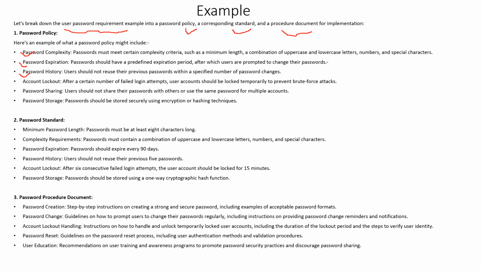For example, the password complexity statement states that passwords must meet certain complexity criteria such as minimum length, and a combination of uppercase, lowercase, numbers, etc. But it is not giving you the minimum length. It is not giving this specific detail.